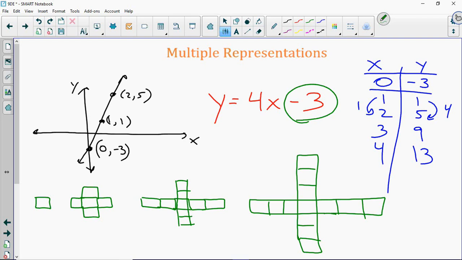I would consider that to be the starting value of our situation because it's when x is equal to 0. It's the first point on the line when we consider only non-negative x's. And that situation could grow in such a way that whenever the x value, or some quantity in a real world situation, grows by 1, the y value would grow by 4.